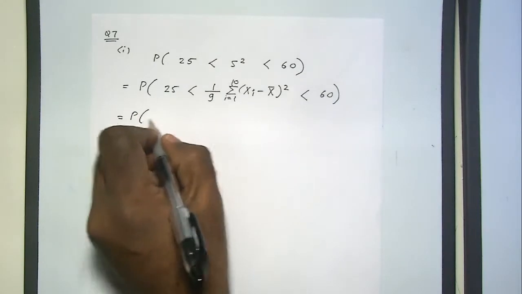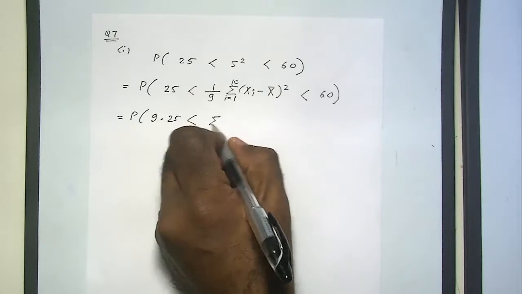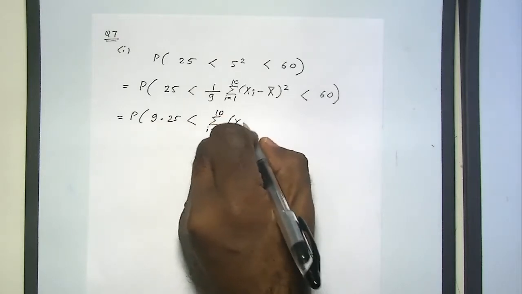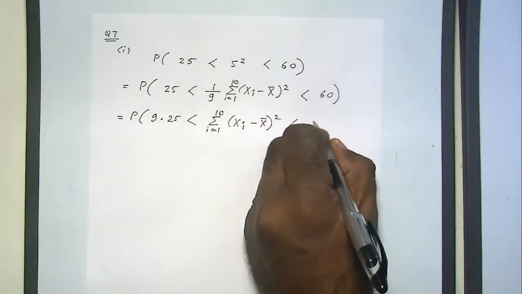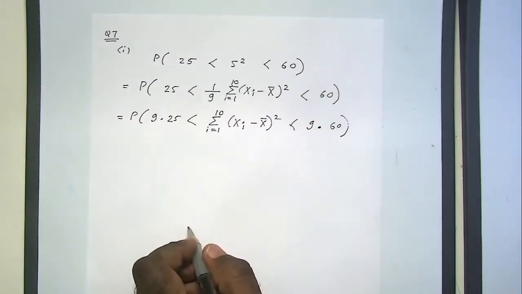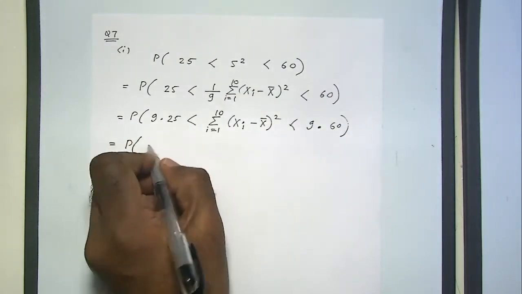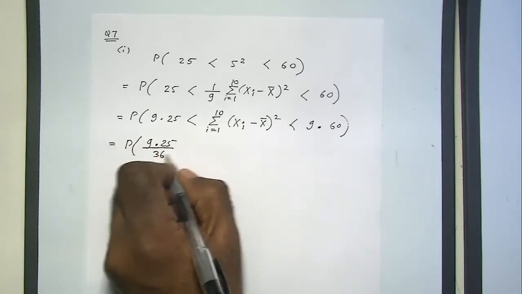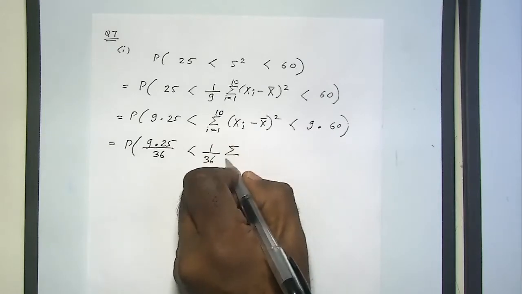So it's 9 times 60. Right, the next thing is I'm going to divide all the numbers by sigma squared. Sigma squared is 36. You will see why I'm doing this in a minute.